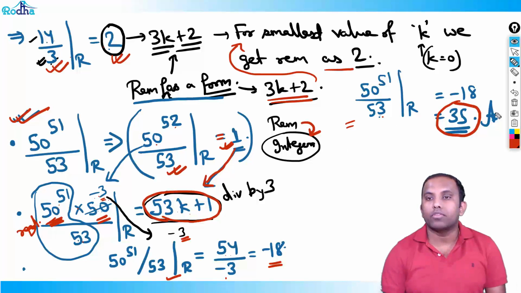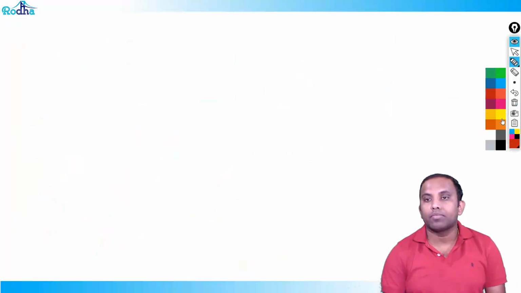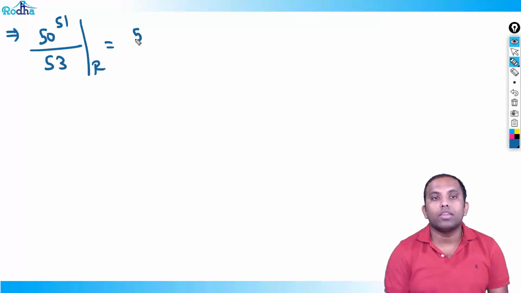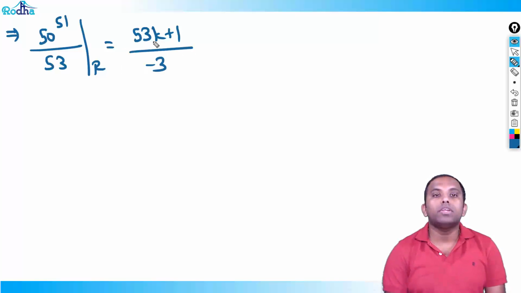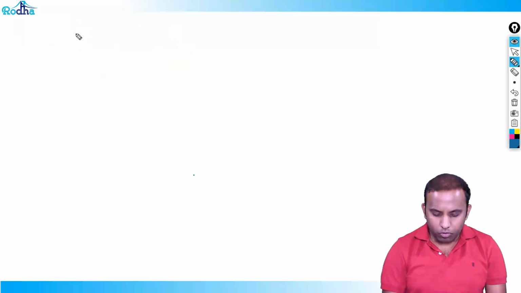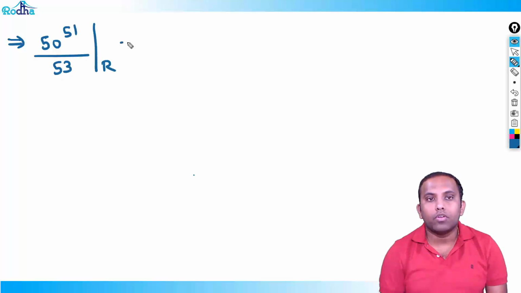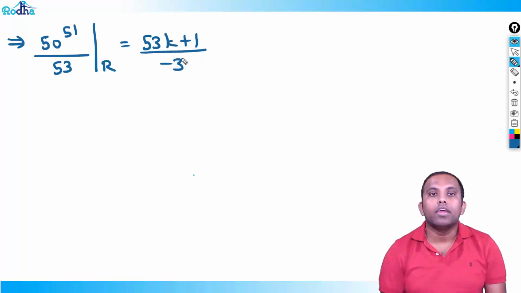Now one more thing I'll tell you in this one. Once you write this step, that 50 raised to 51 by 53, the remainder is 53k plus 1 divided by minus 3, what we are searching for is 53k plus 1 to be divisible by 3.